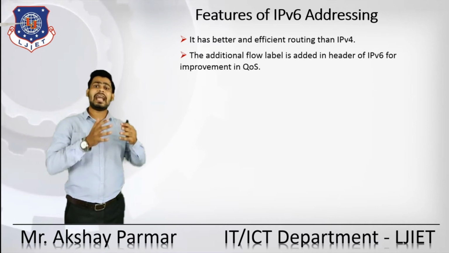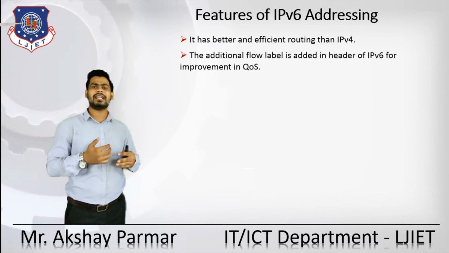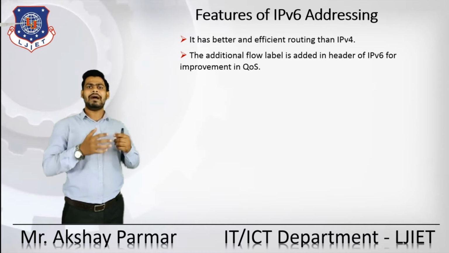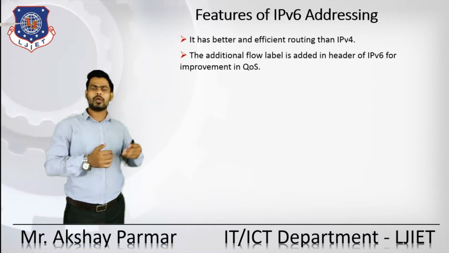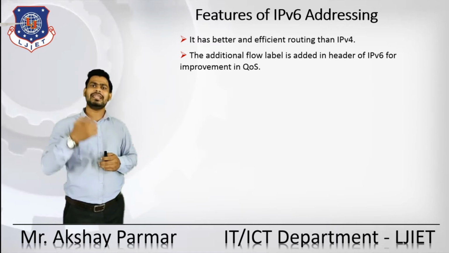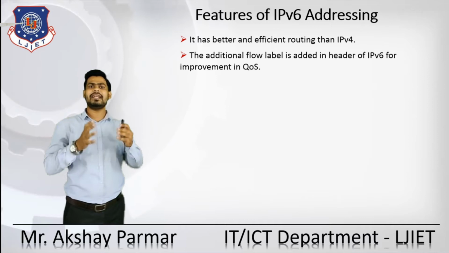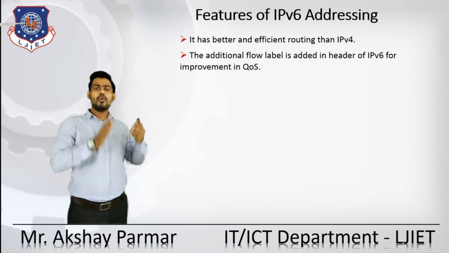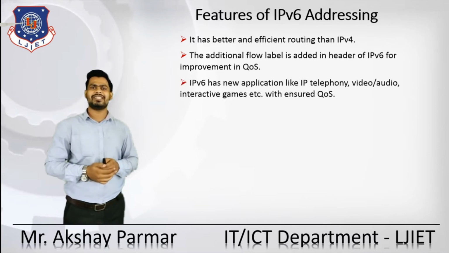After that, an additional flow label is added in the header of IPv6, by which we can get better quality of service. The additional flow label is added in the IPv6 header for improvement in the quality of services.